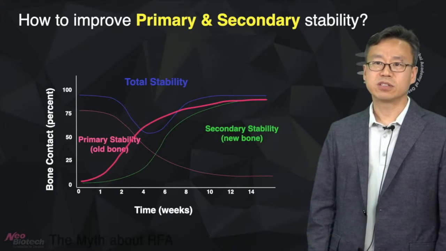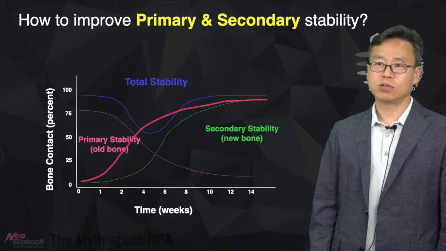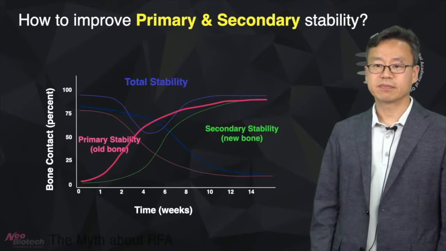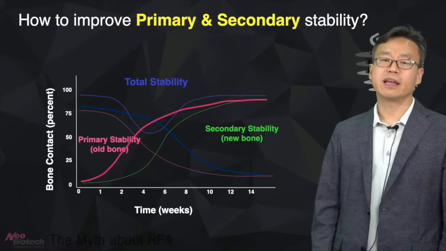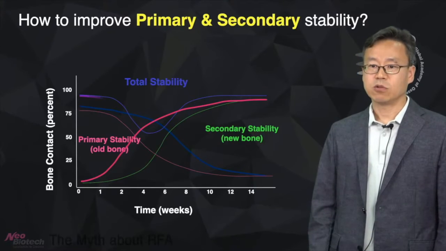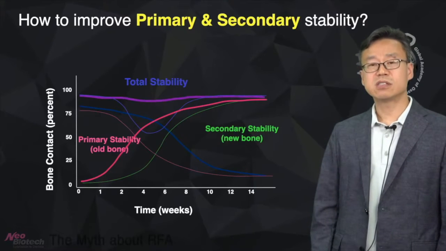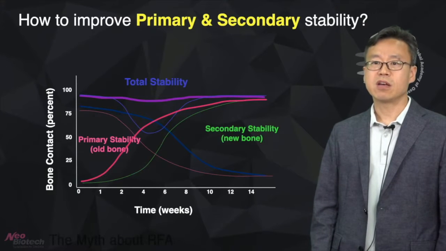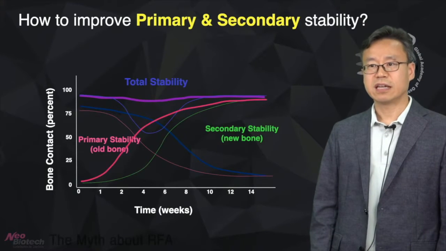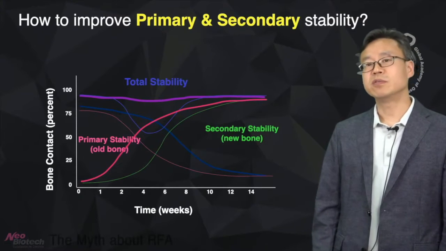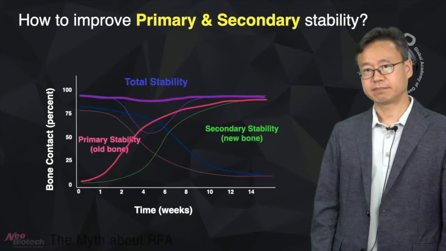And if we could also delay or maintain the loss of primary stability by improving the design of the implant and our surgical techniques, which eventually reduces or even eliminates the dropping or the danger zone of total stability. This is what we talked about last time.